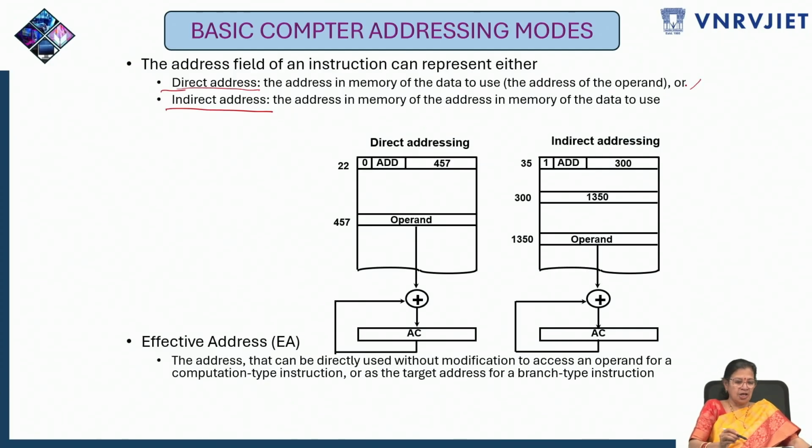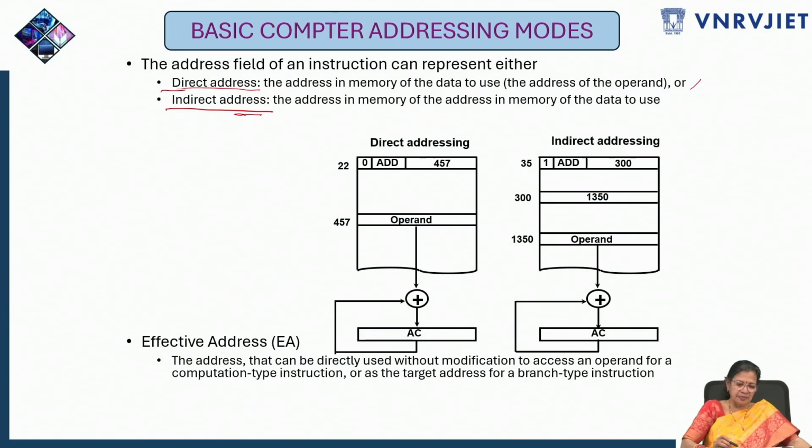Whereas in indirect addressing mode, the address of the operand will be available in another location, and that location's address will be mentioned in the instruction. So whatever is mentioned in the instruction with indirect addressing is the address of the address of the data operand. In that way it is indirect.